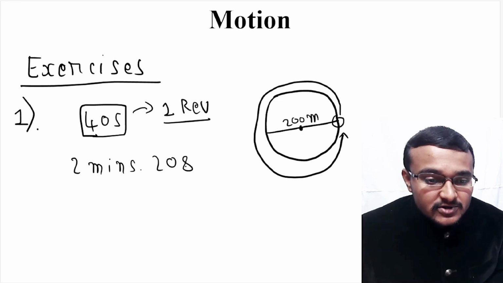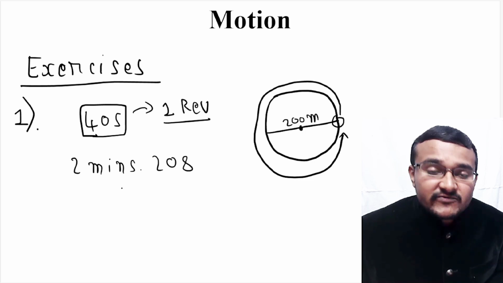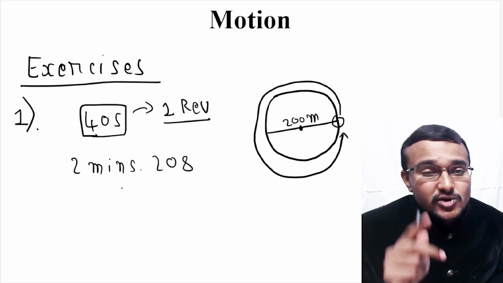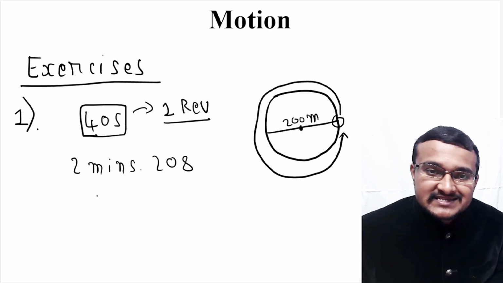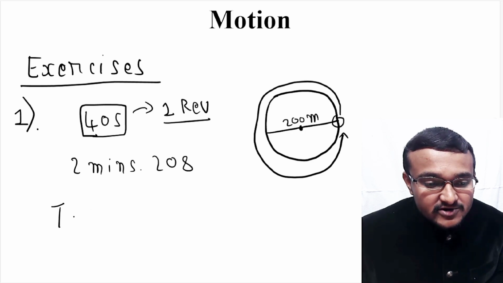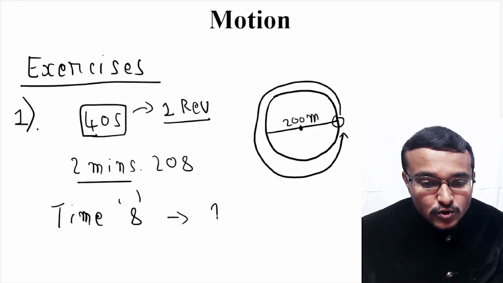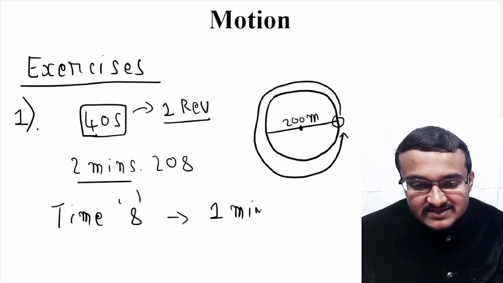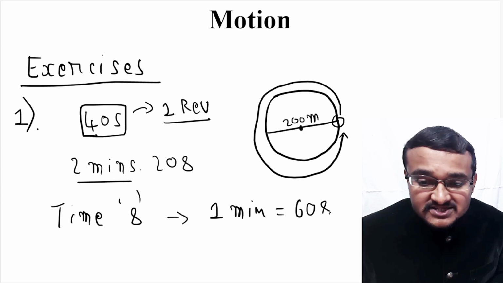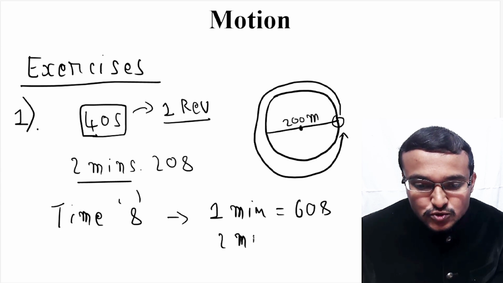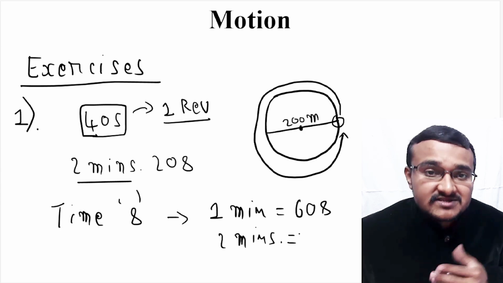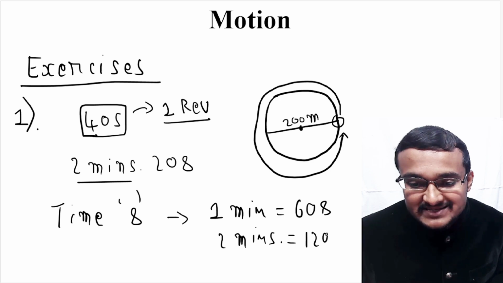Now, 2 minutes 20 seconds, we have to convert to SI units. What is the SI unit of time? The standard SI unit for time is seconds. We have to convert the 2 minutes into seconds. 1 minute is equal to 60 seconds, so 2 minutes will be 2 times 60 seconds, that is 120 seconds.